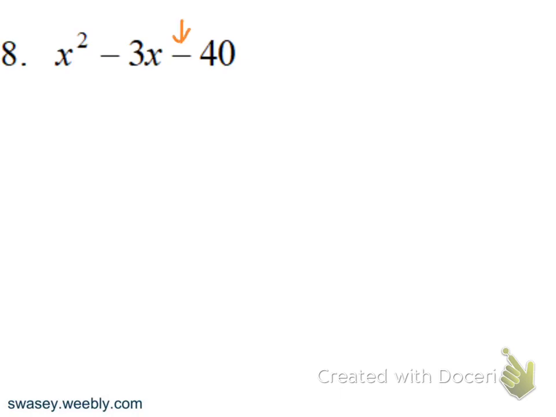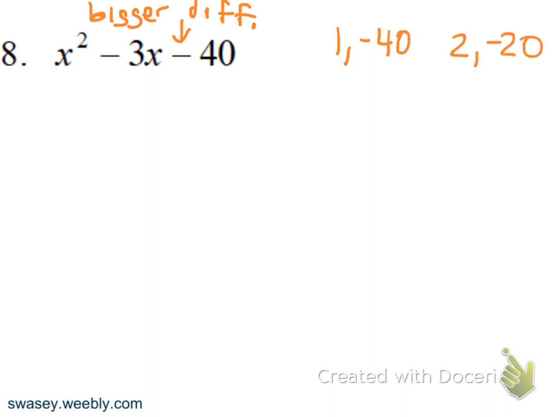This tells us different signs. Bigger one is negative. So listing out the ways to multiply and get negative 40 where the bigger one's negative.